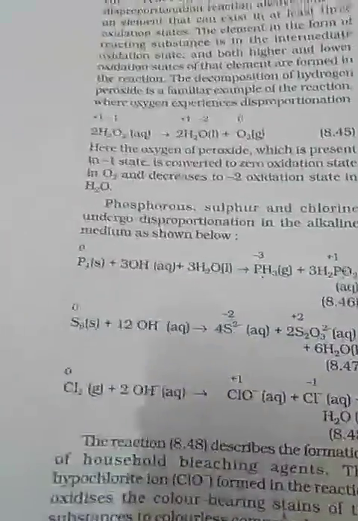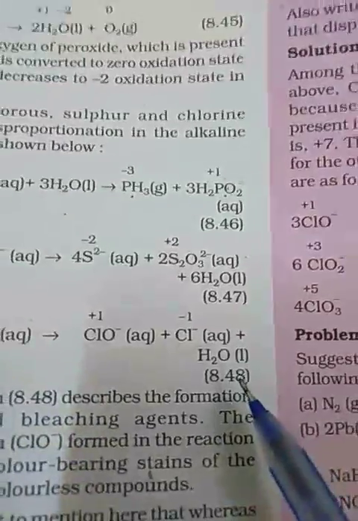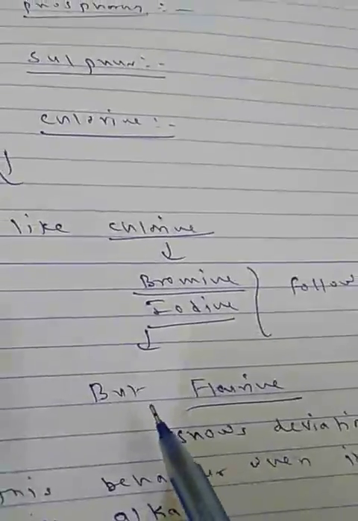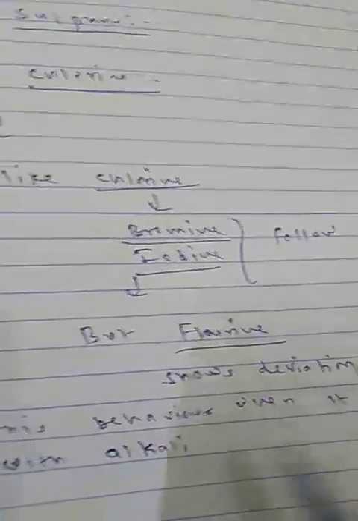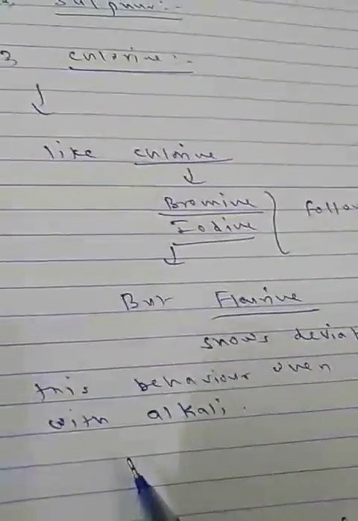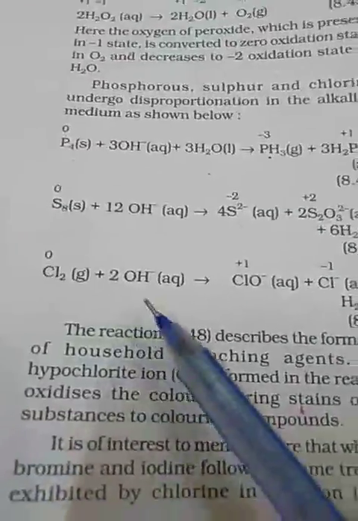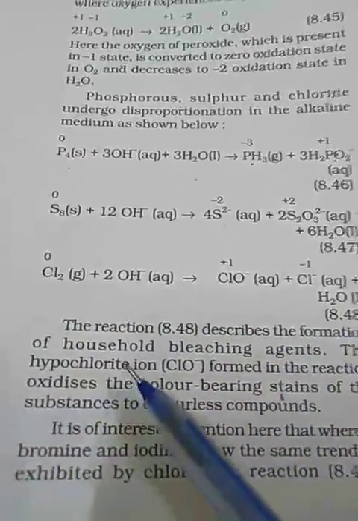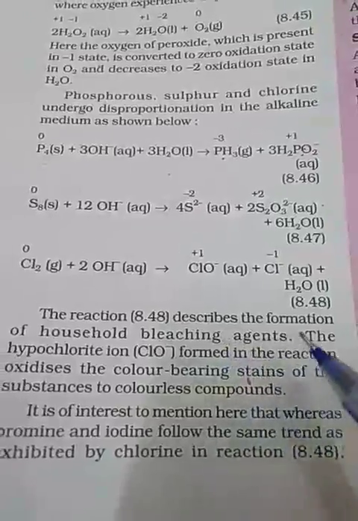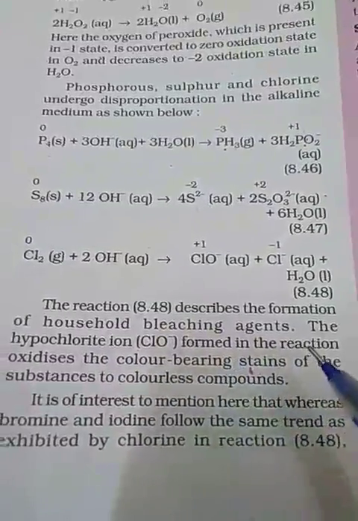Now, on the basis of reaction 8.48, chlorine, bromine and iodine follow the same trend, but fluorine shows deviation in this behavior when it reacts with alkali. For chlorine, the reaction 8.48 describes the formation of household bleaching agents.